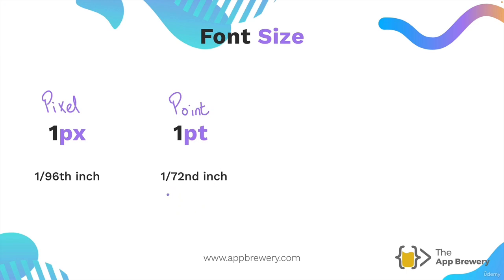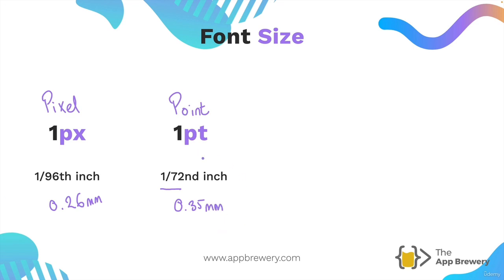Well, it's slightly bigger than a pixel. It's about 1/72nd of an inch. So that's just slightly bigger. If 1/96th of an inch is 0.26 millimeters, 1/72 of an inch is about 0.35 millimeters, just a tiny bit bigger.